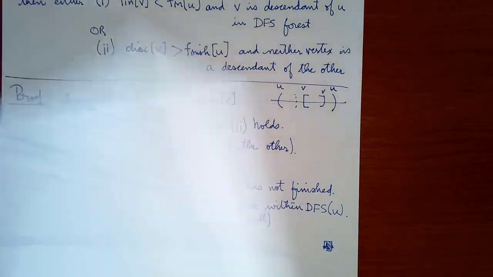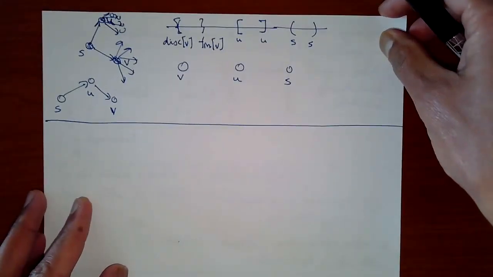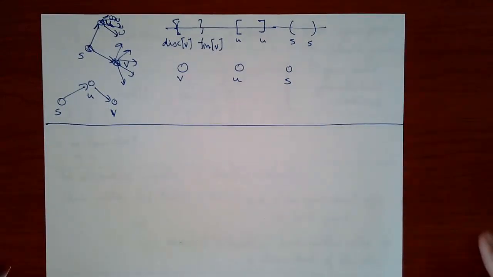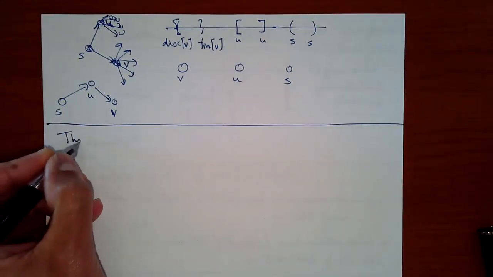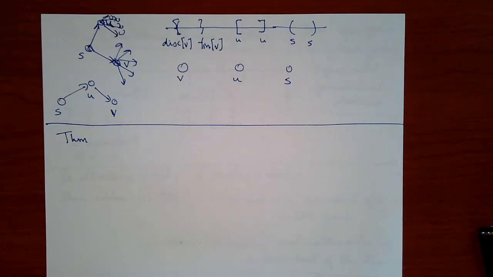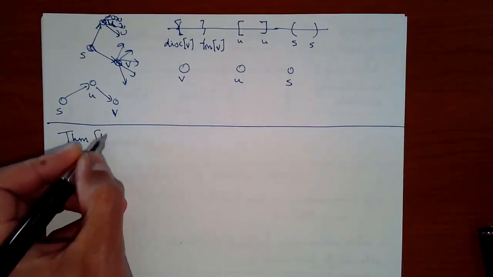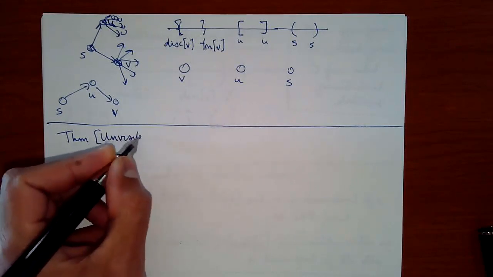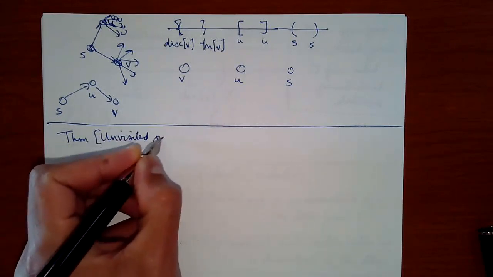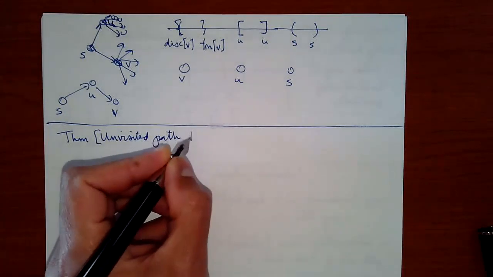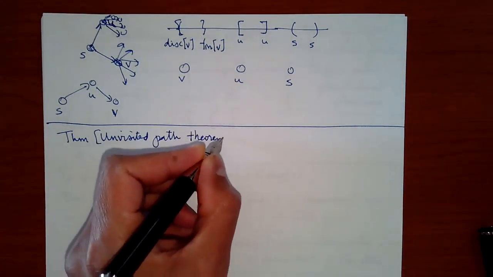Then let me now state another useful theorem. And again, you can look this up in CLRS, and this is what I will call the unvisited path theorem.